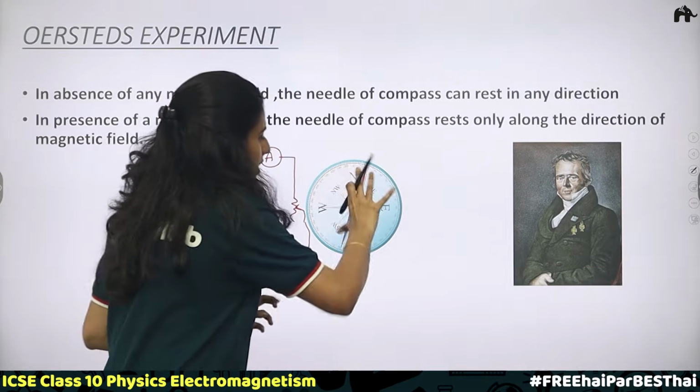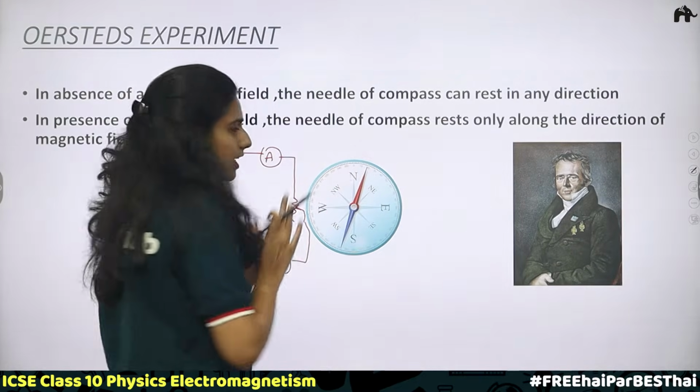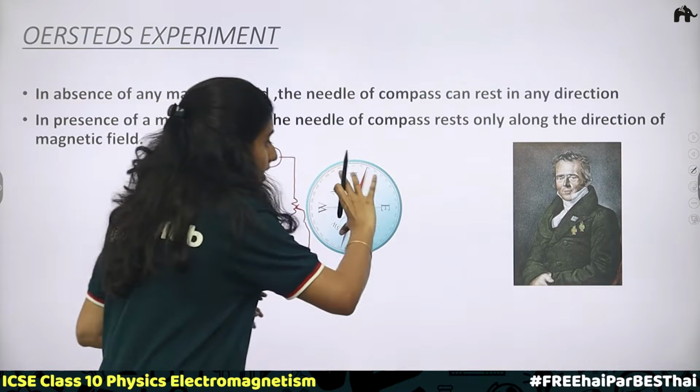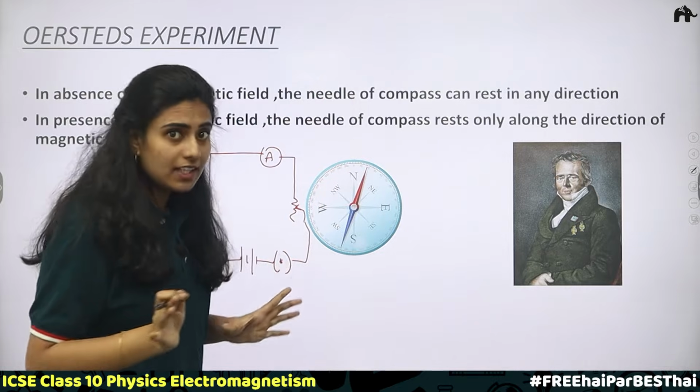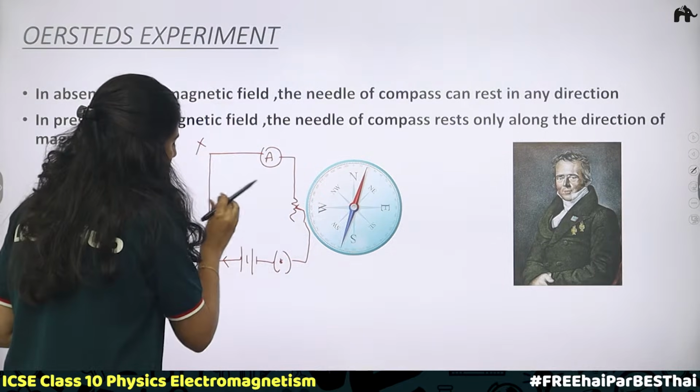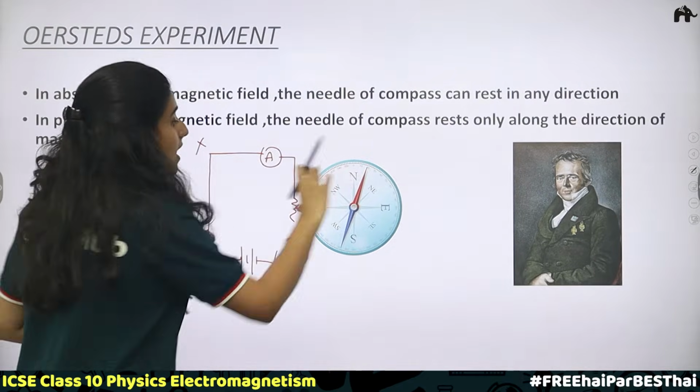So here he used a compass in order to find the direction of the magnetic field. When there is a deflection in this compass needle, what does it mean? There is a magnetic field, right? So when he brought a compass close to it, what he observed was a deflection in the compass.